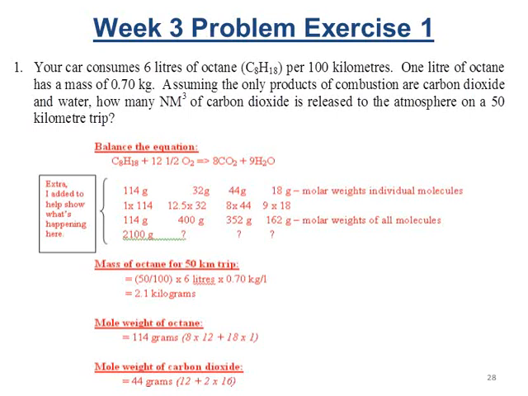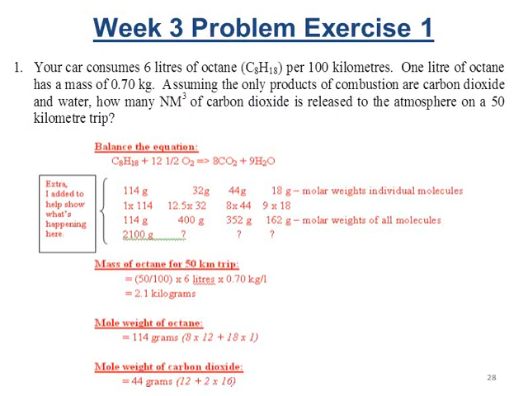By taking a look at the molar masses, you can see that you have 114 grams per mole of octane, 32 grams per mole of oxygen, 44 grams per mole of CO2, and 18 grams per mole of H2O. Putting in the stoichiometric coefficients would then give 114 grams of octane, 400 grams of oxygen, 352 grams of CO2, and 162 grams of H2O.